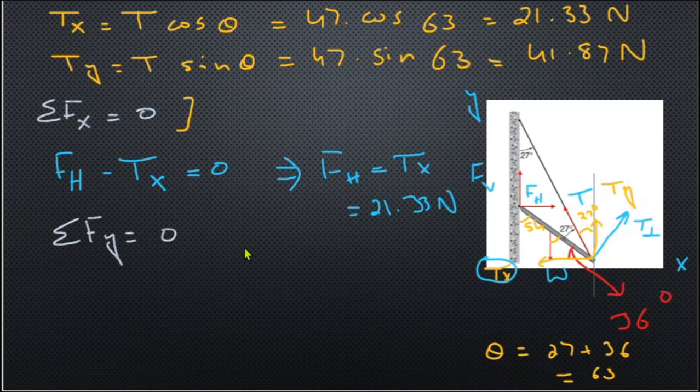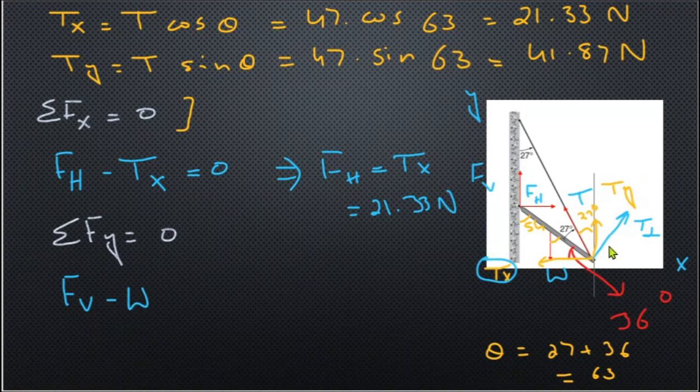So, there are three forces which are acting in the y direction. The first force is this vertical force which is acting in the positive y direction. So, I would write it as plus Fv. There is this weight which is acting in the downward direction, so I would write a minus sign with this weight.